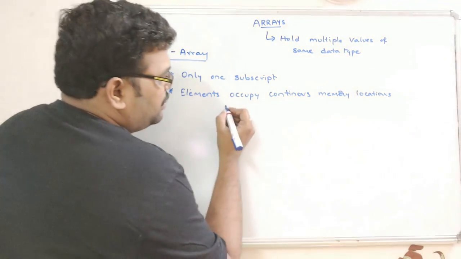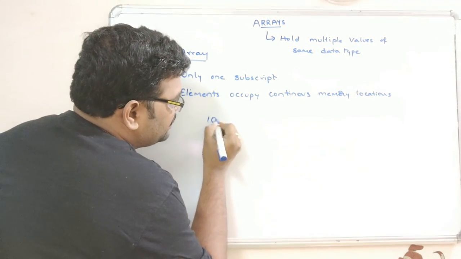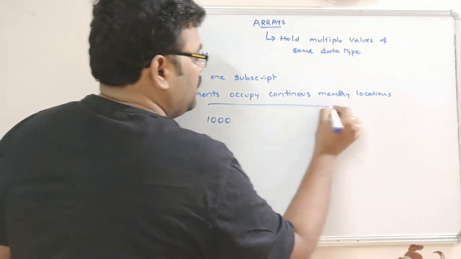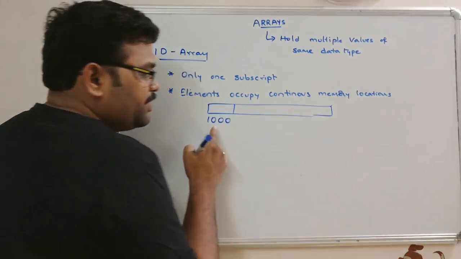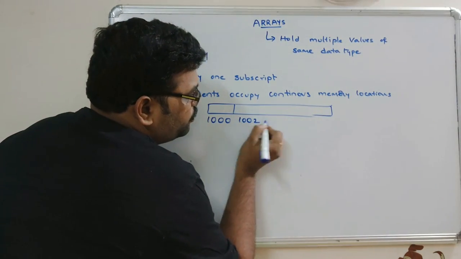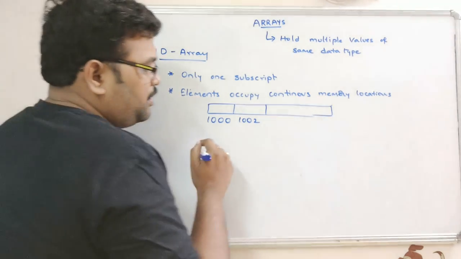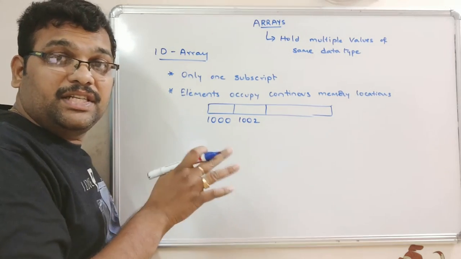So that implies, if the base address is 1000, the first address is 1000, the second address will be 1002 if it is an integer of a 16-bit compiler, because integer occupies 2 bytes in a 16-bit compiler.